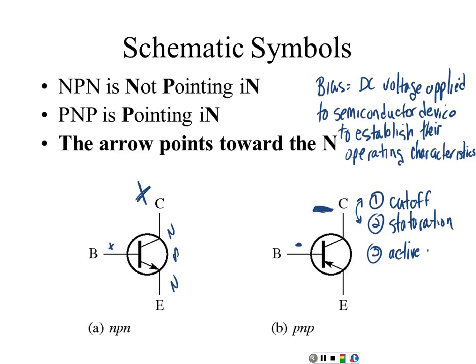And what are the three leads? What we do is we use a base current to control the collector current.